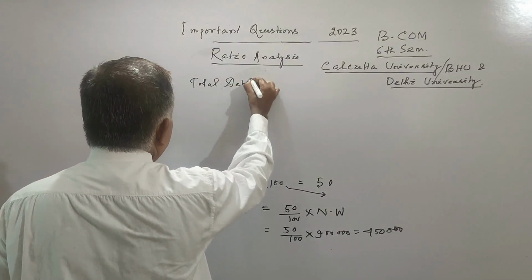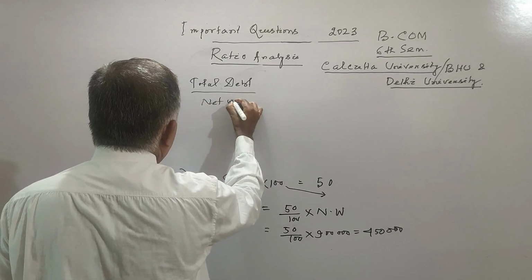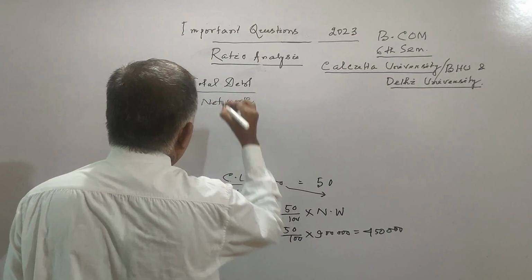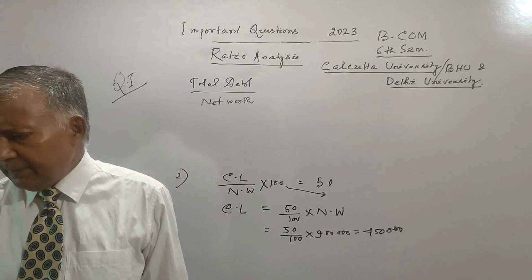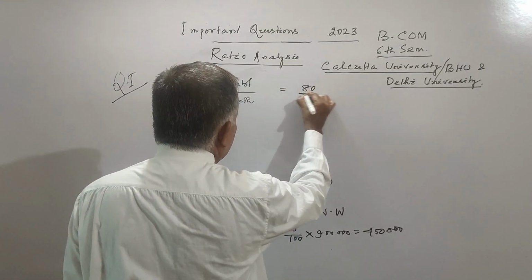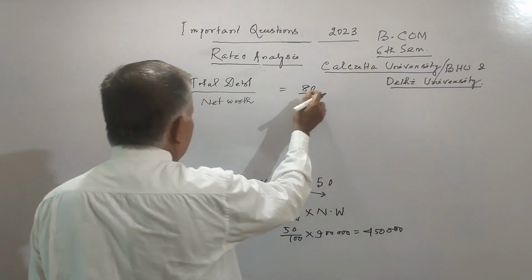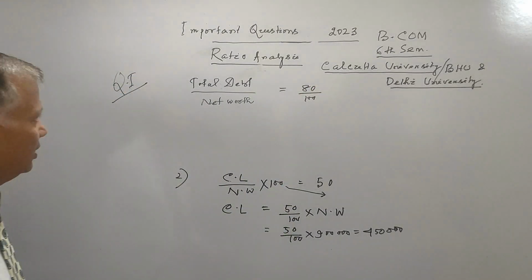Total debt to net worth. So total debt to net worth is 80%, 80 by 100. Or alternatively, you can multiply by 100 so that it will be 80.